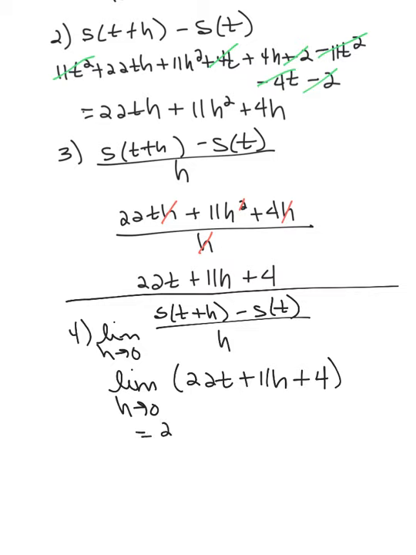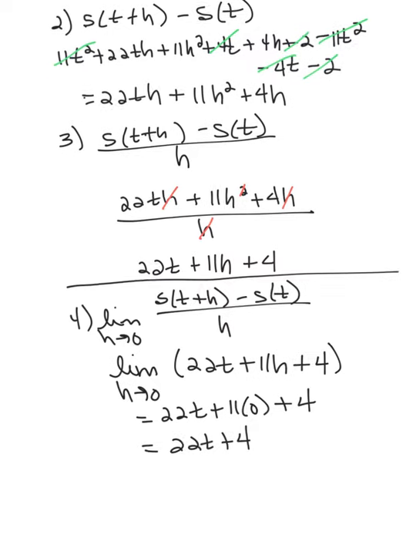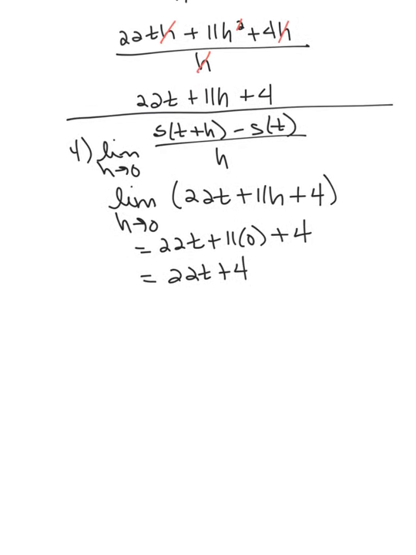We will get 22t plus 11 times 0 plus 4, which simplifies to be 22t plus 4. Once we have that final answer on step 4, that is the derivative. So this is s prime of t. This application was velocity, so in this case, this is our velocity formula.